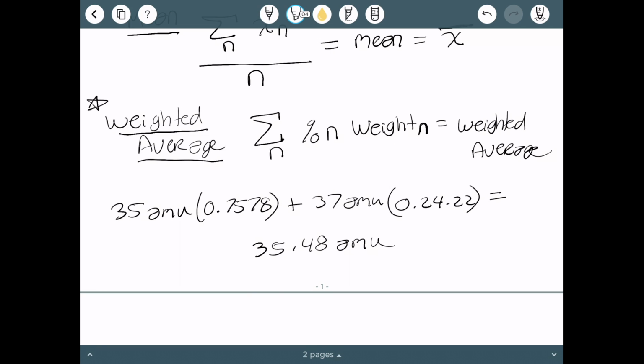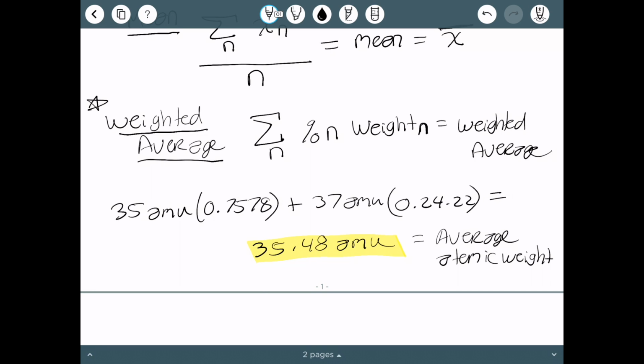I'll go ahead and highlight. So this is the average atomic weight. And now, what is the element?